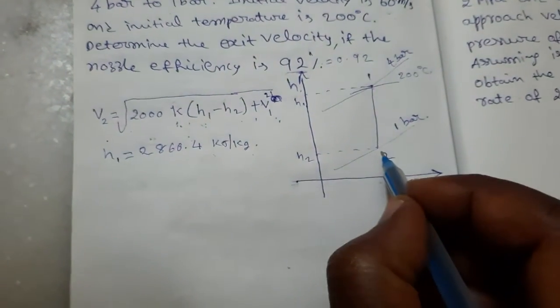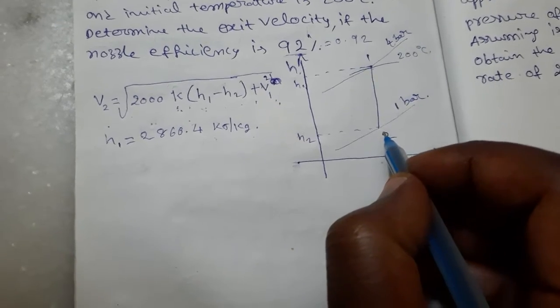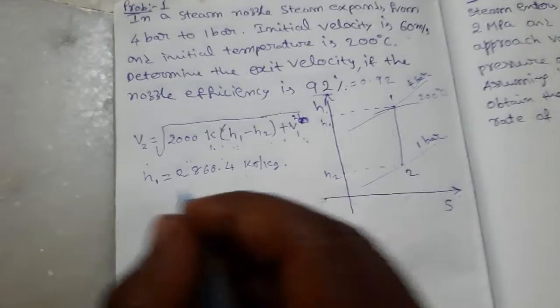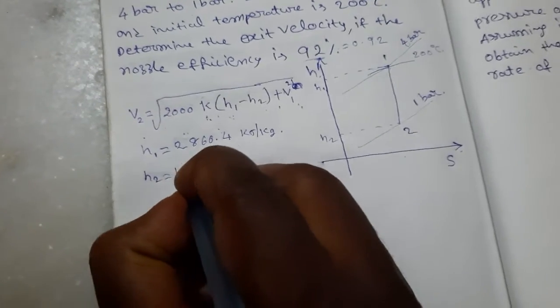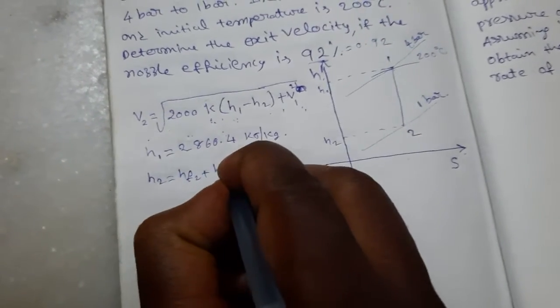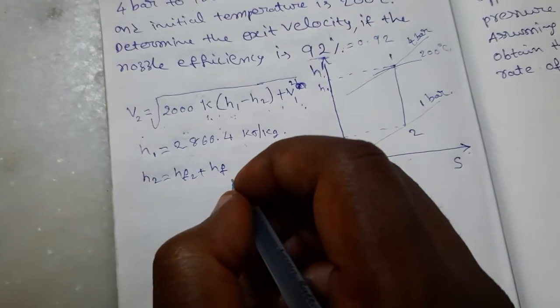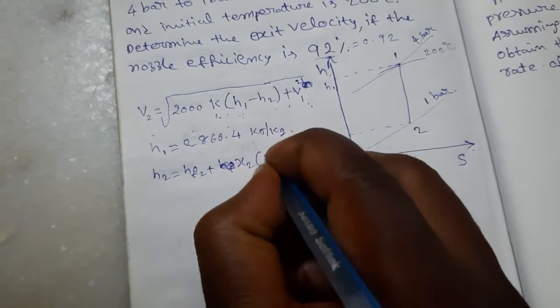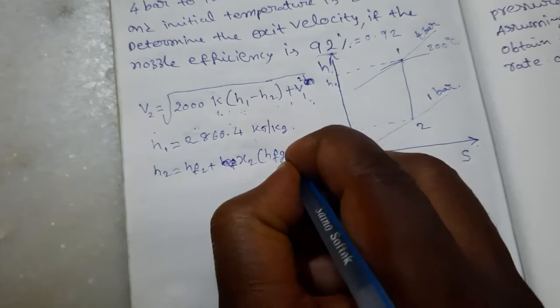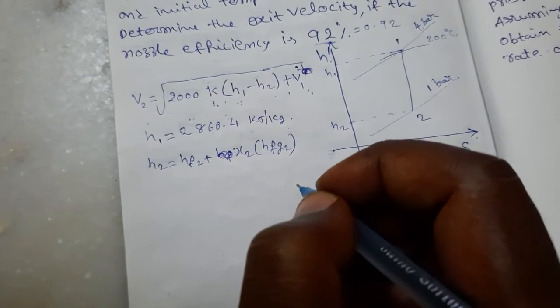How are we calculating H2? By using the steam table, there is a formula. For calculating H2: HF2 plus X2 into HFG2.